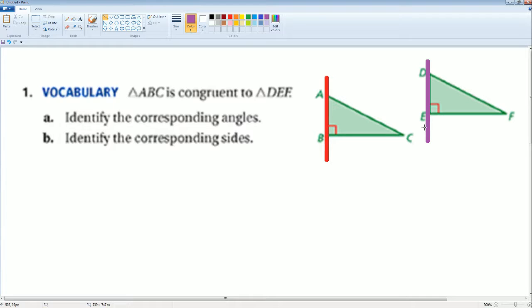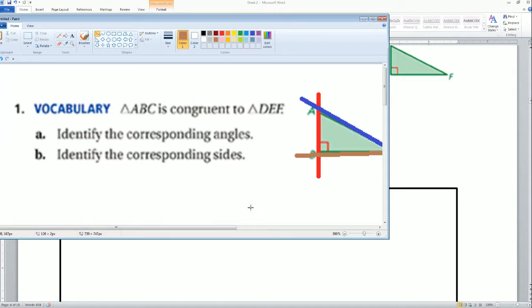AC. Oops, sorry, that should be red. So AB is the same thing as DE. Blue. AC is the same thing as DF. And let's do brown here. BC is the same thing as EF.